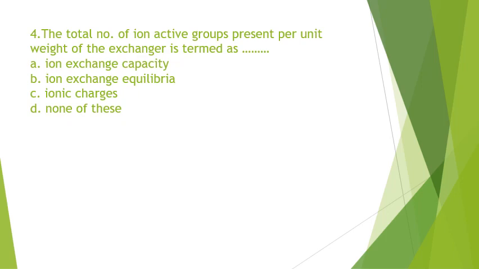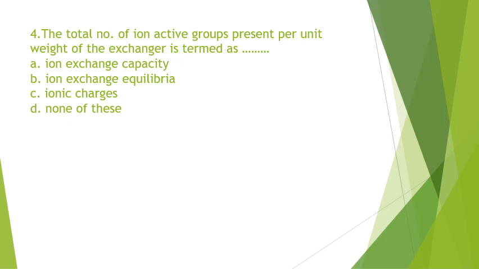MCQ number 4. The total number of ion active groups present per unit weight of the exchanger is termed as: option A, ion exchange capacity; option B, ion exchange equilibria; option C, ionic charges; option D, none of these.